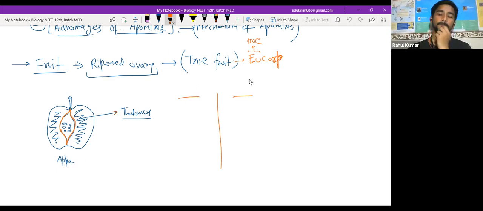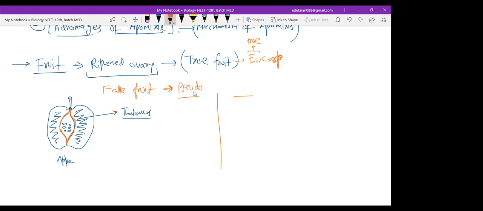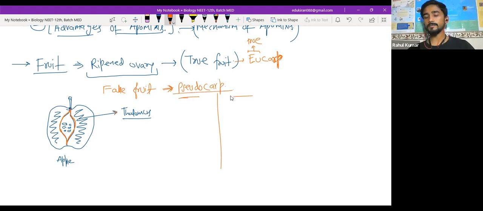Okay. And what will a false fruit be called biologically? If it is eucarp, what is the word used for false? Pseudo. Yes, pseudocarp. So they are called pseudocarps.